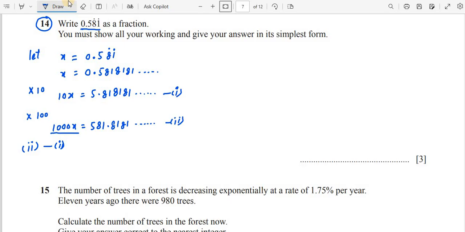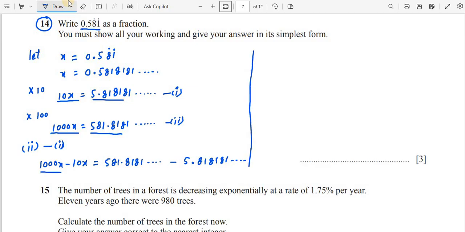So the left side of both equations are subtracted from each other: 1000x minus 10x is equal to 581.81 and so on minus 5.81 and so on.